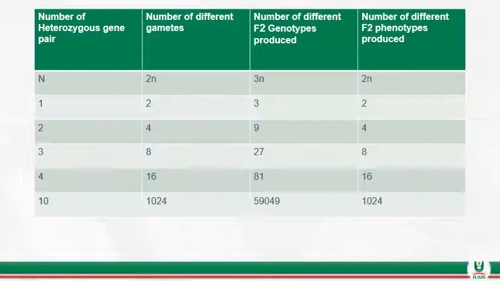If it is 4, you have 16 gametes, 81 genotypes, and 16 phenotypes. While if it is 10, you have 124 gametes, 59,049 genotypes, and 124 phenotypes. So this will just give you an idea of what to expect when you perform your crosses.